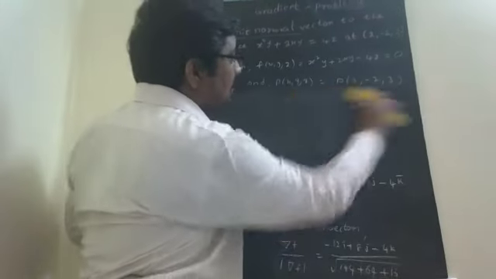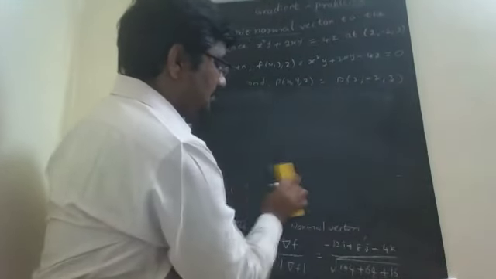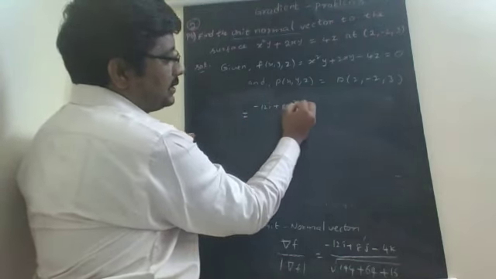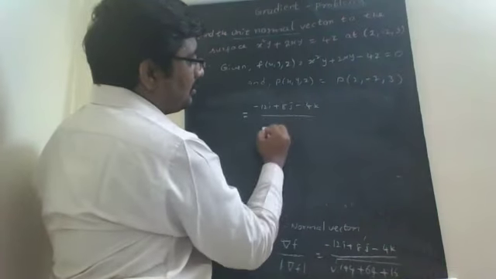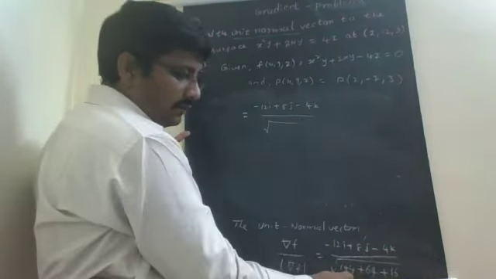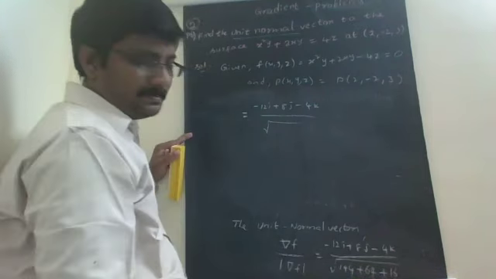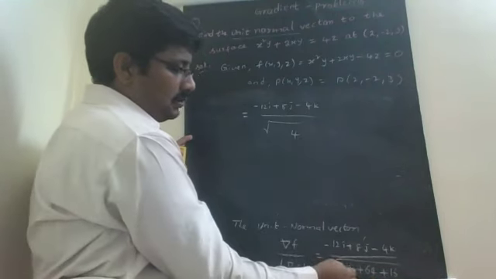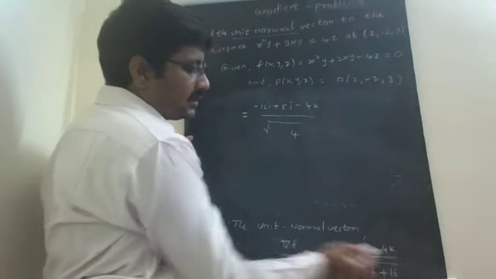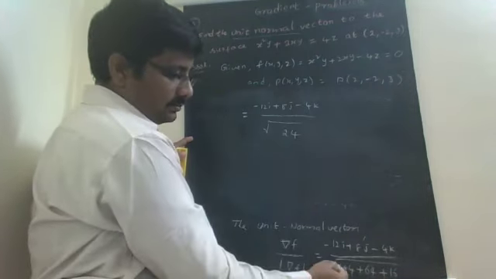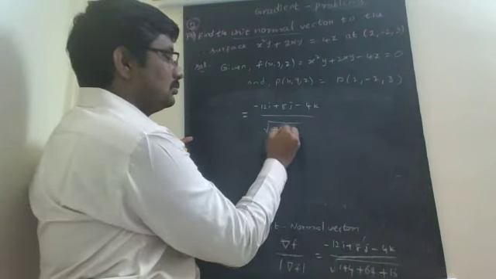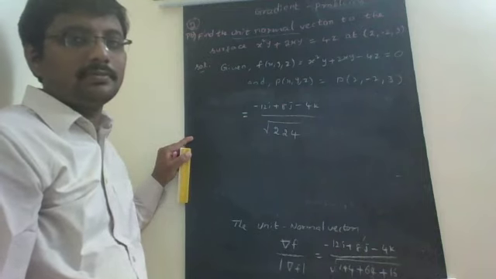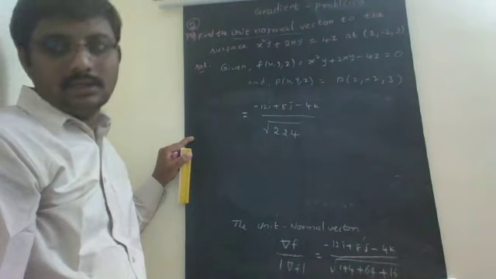So the required unit normal vector to the surface is minus 12i plus 8j minus 4k by square root of 144 plus 64 plus 16.